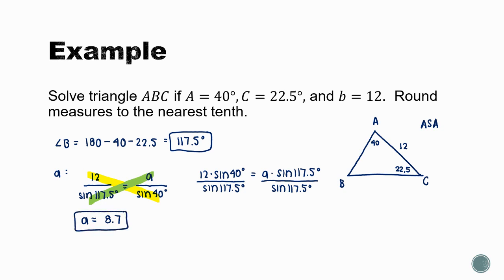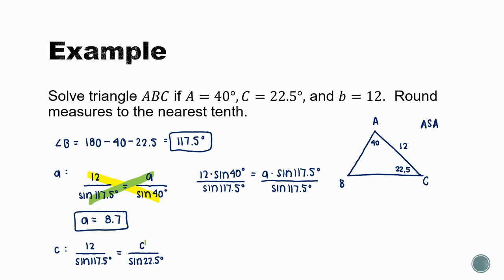The other missing side we want to find is C. So once again, I'm not going to use my rounded number of 8.7. I'm going to go back to the original ratio, 12 over the sine of 117.5 degrees. So I'm using that. Now I want to find the side of C. And so I have to divide by the sine of that angle, which is 22.5 degrees.